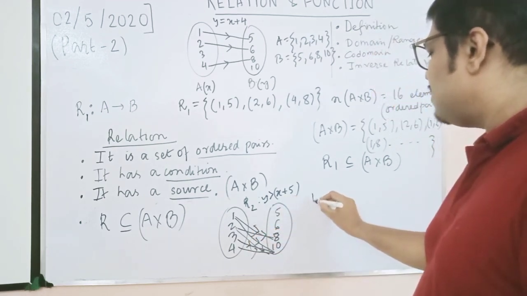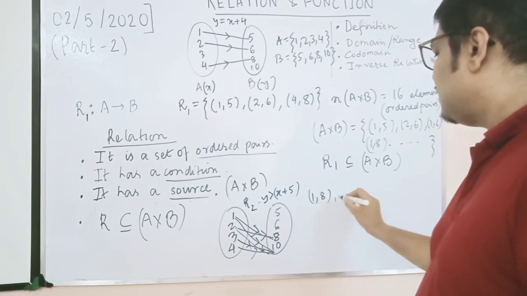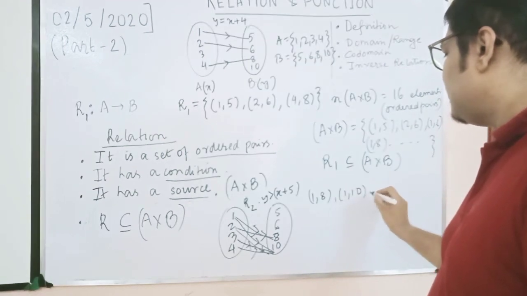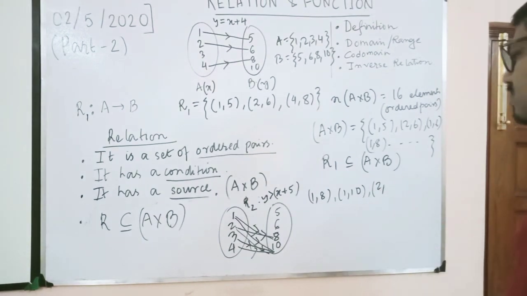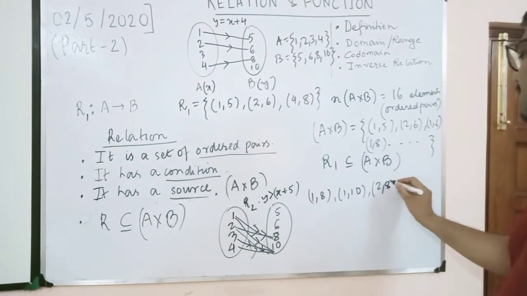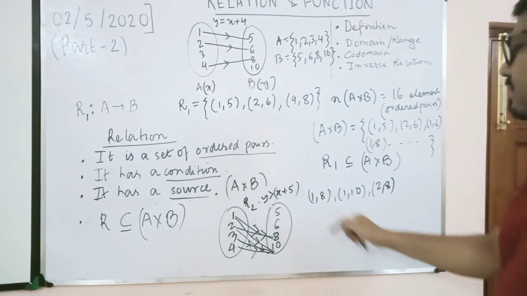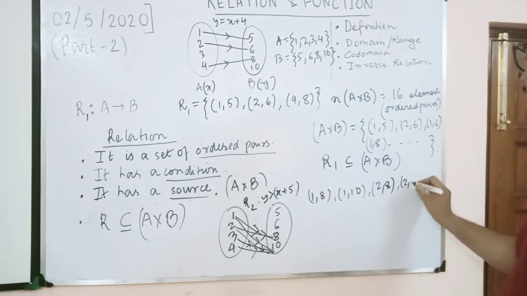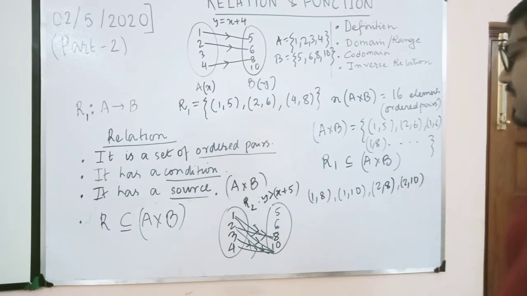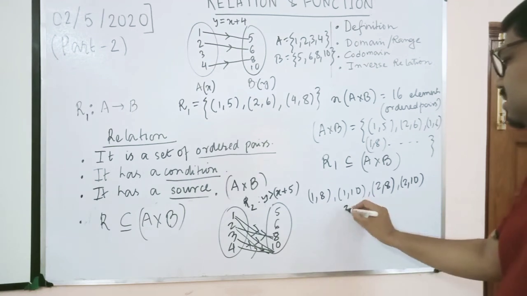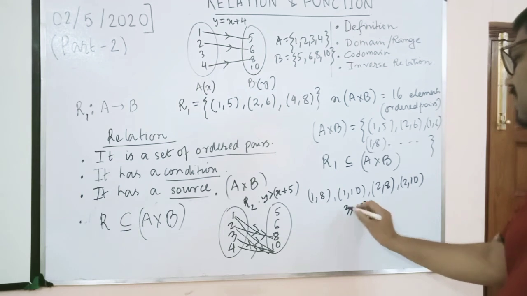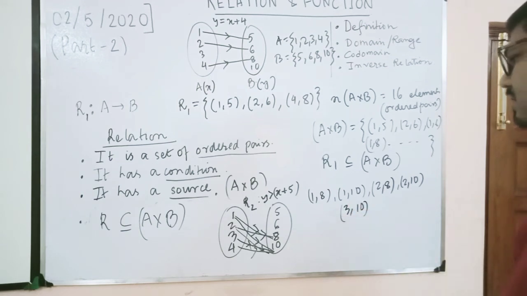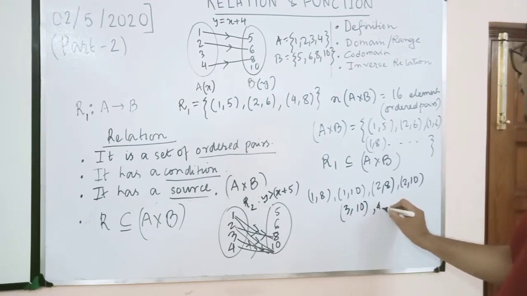We got things like (1, 8), we got (1, 10), we got (2, 8), because if you put 2 it will be 7, you get (2, 10), and you get what else? (3, 10), and (4, 10). Okay, so these are the elements.